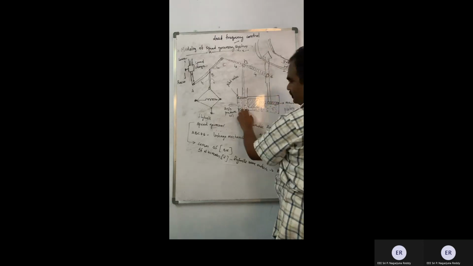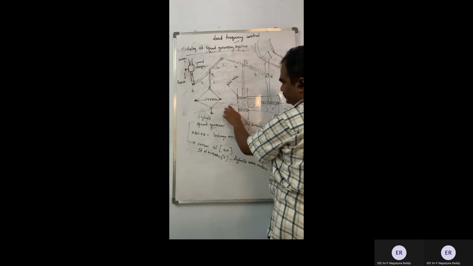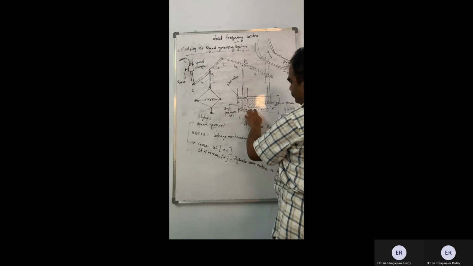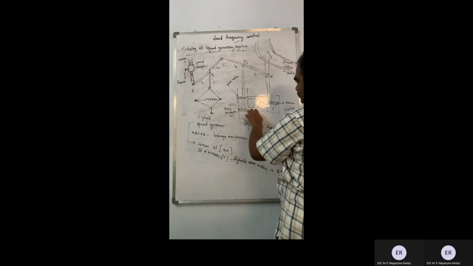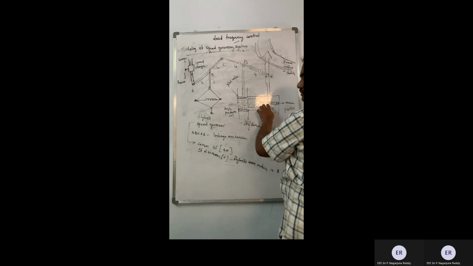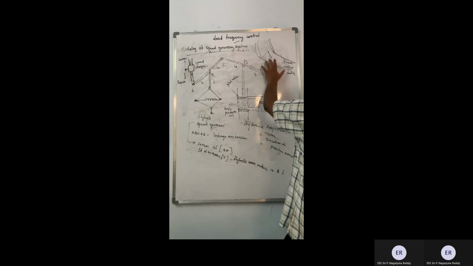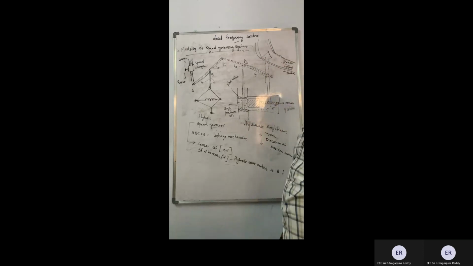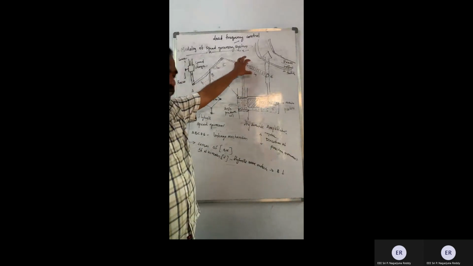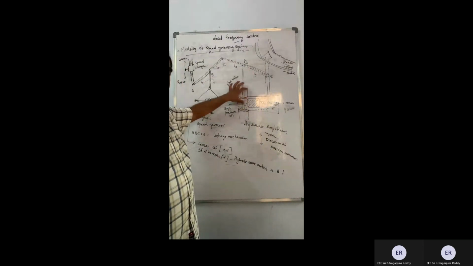Now, if I push this one down, what happens? The valve opens this one. So here, the high pressure oil will be coming in this way. It pushes the piston up, thereby blocking the steam. Understood? So it all lies in how you are moving this pilot valve.